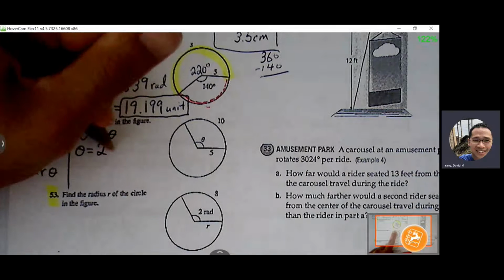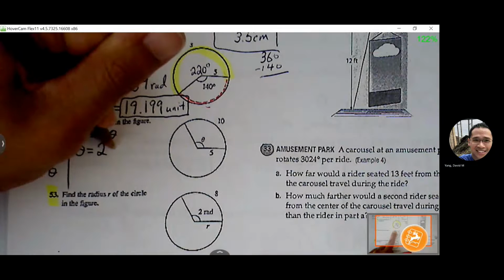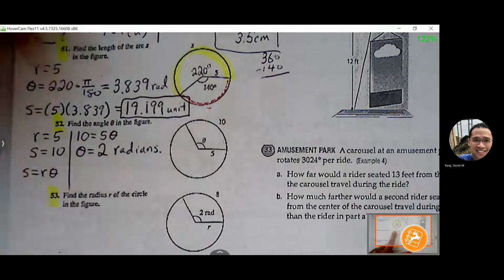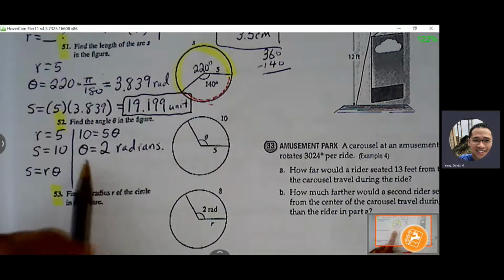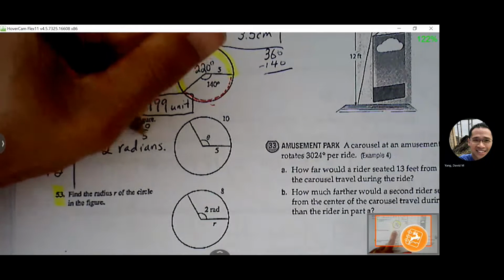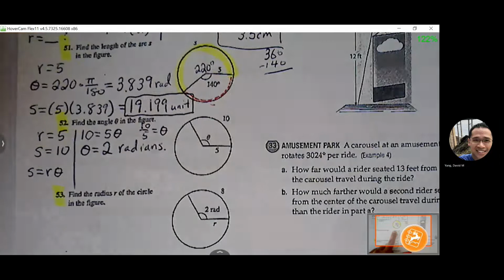To what? Not degrees, radians. Okay, so I divided 10 by 5. Why is it not degrees?